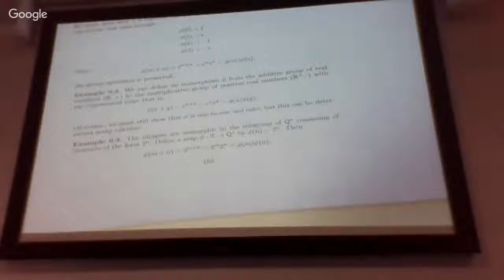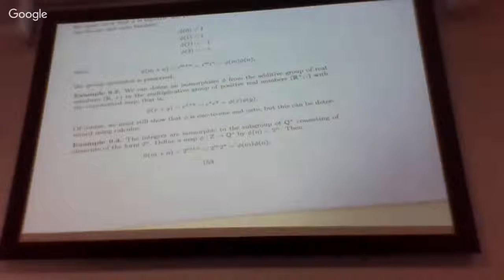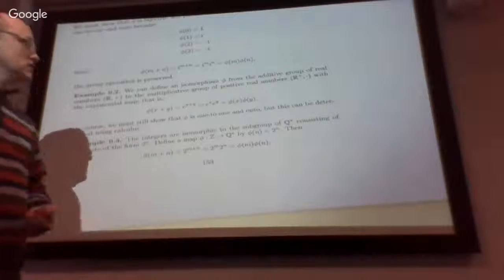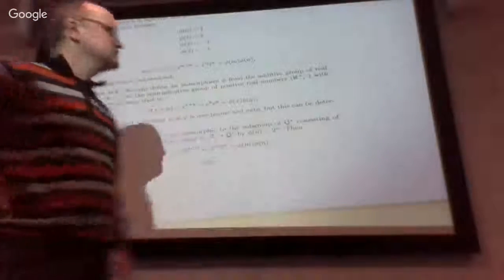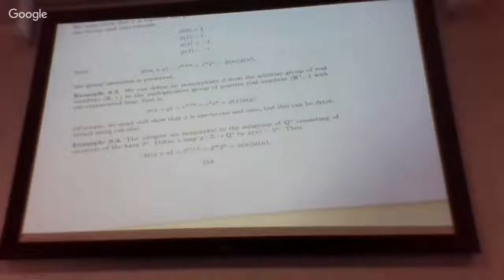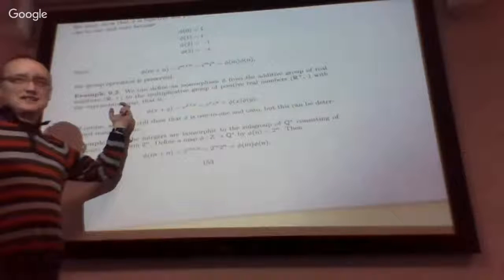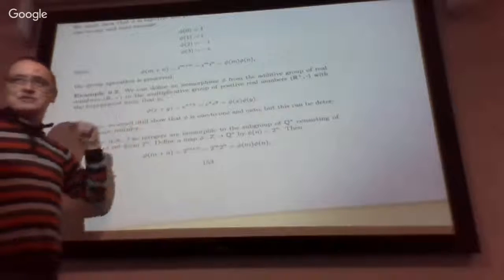Something very similar is shown in the next example, where you go from an isomorphism from the integers under addition, to the subgroup of non-zero rational numbers consisting of all the powers of 2. So this is really the same idea as the previous example.